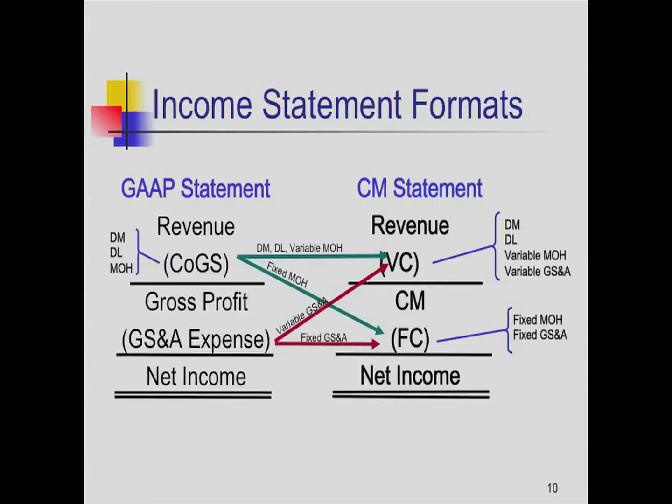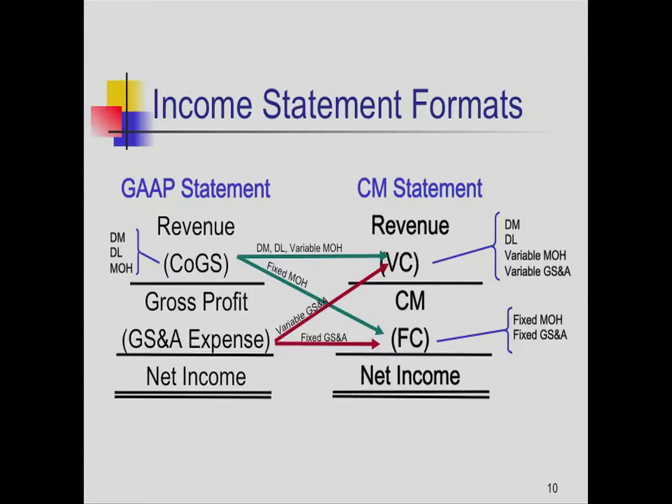In that variable component is not only the variable manufacturing, but the variable non-manufacturing, that's variable selling and variable administrative and general type of cost. And your fixed cost, again, includes all fixed cost, fixed manufacturing, and that fixed non-manufacturing component as well.